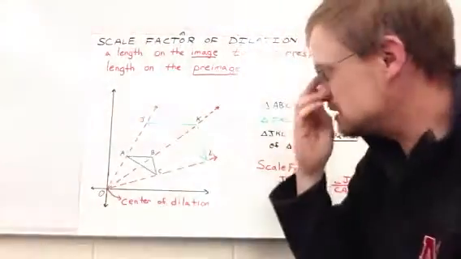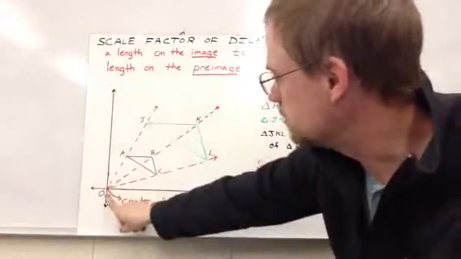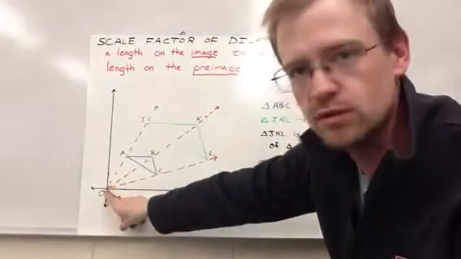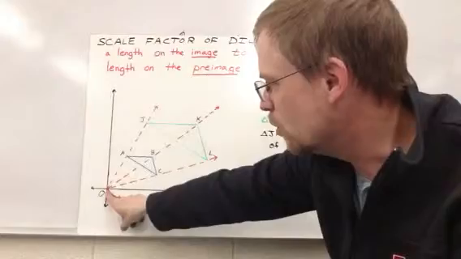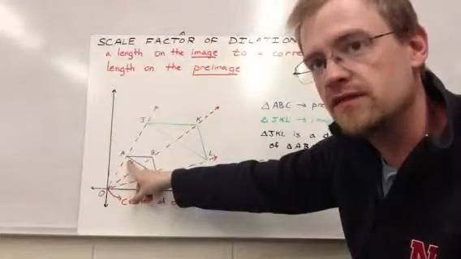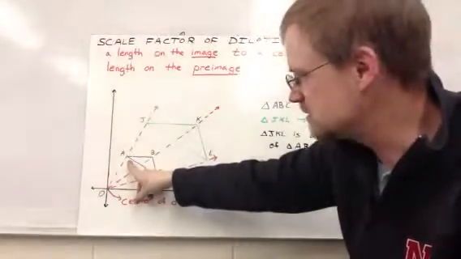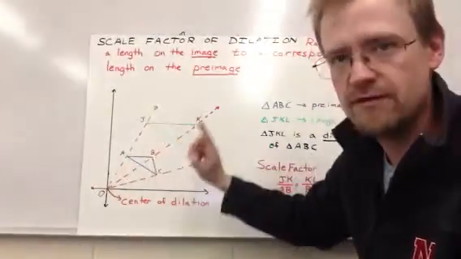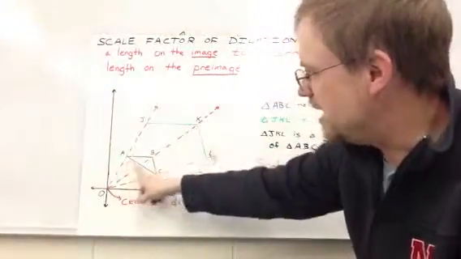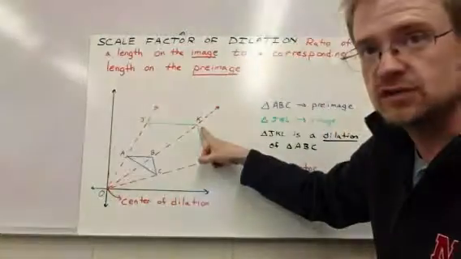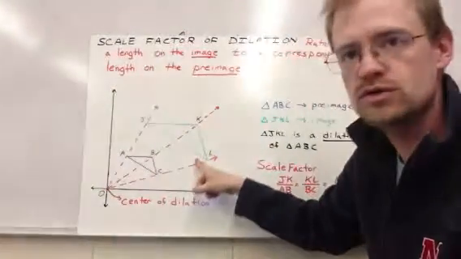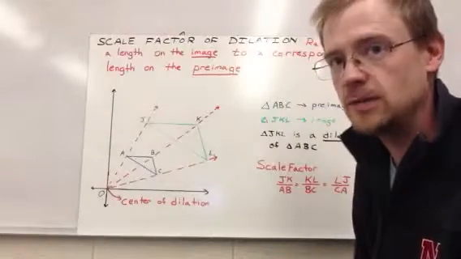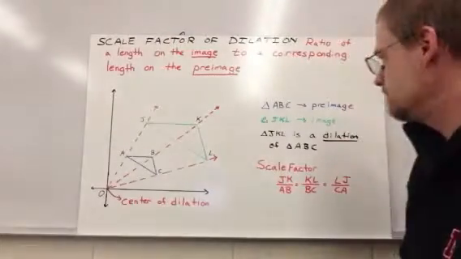And something I want you to see that's happening here because it'll help you on problems later. If we took a ruler and made it so it went through the origin and one of the vertices on the pre-image, that line would also go through the vertex of the image at every point. So it'll happen for A, for B, you'll notice it goes through K, and for C it goes through L. That's actually going to help us simplify some problems later on.